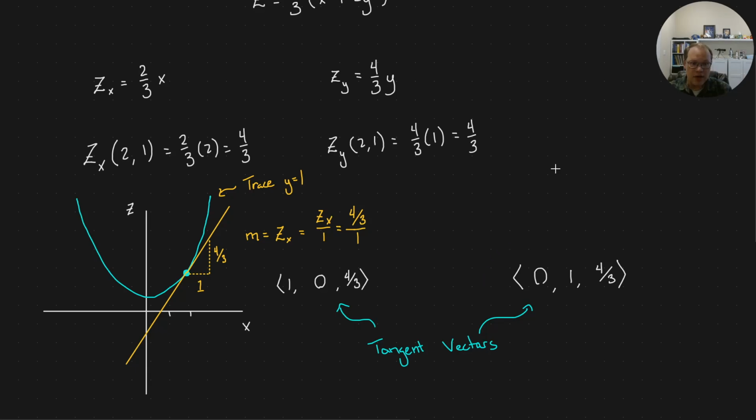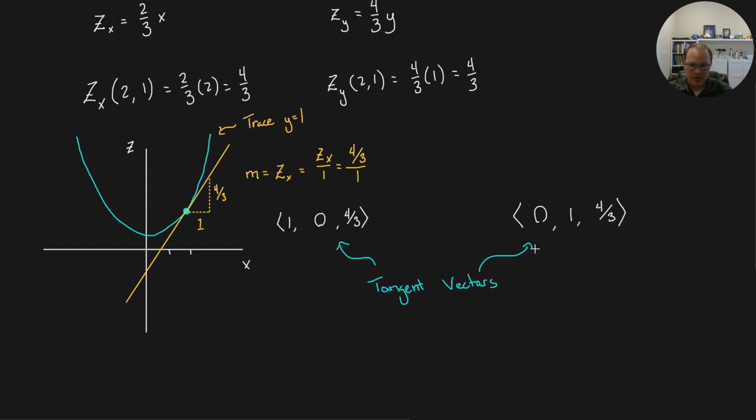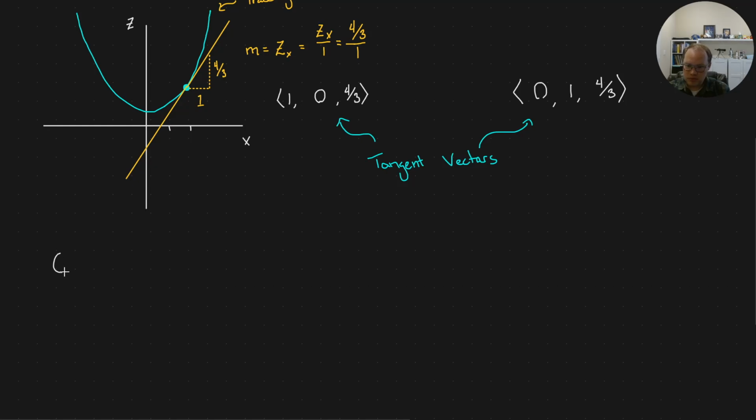Okay, so generally, my tangent vectors can be found by looking at the rate of change in the x direction. For every 1 unit of change in the x direction, this is how much the z changes along that trace.